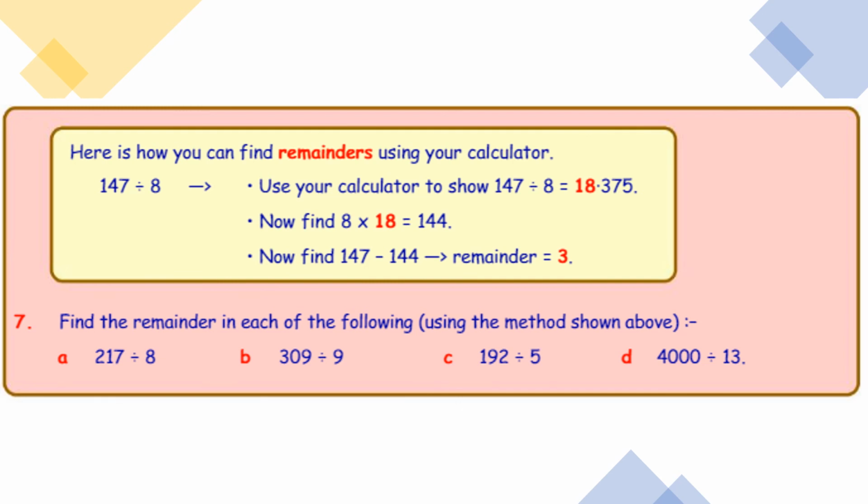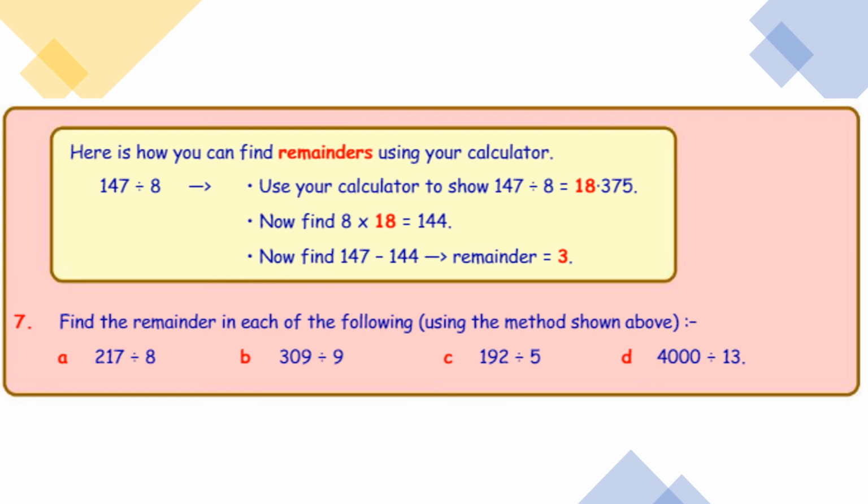So for number 7, for 7a, you're doing 217 divided by 8, and that will give you 27.125.